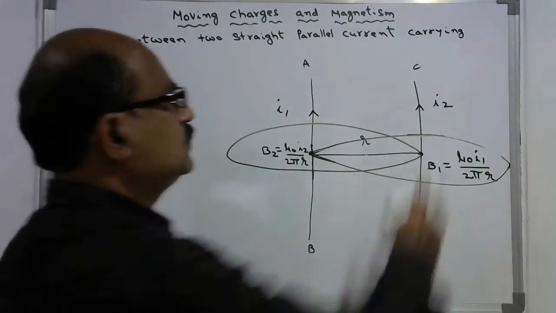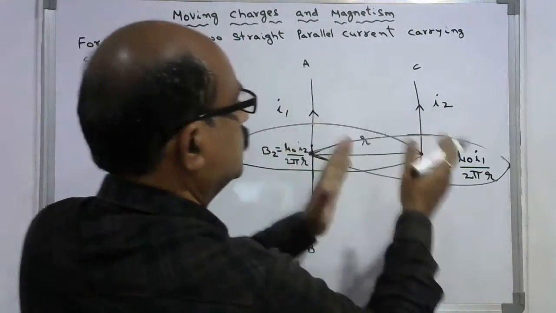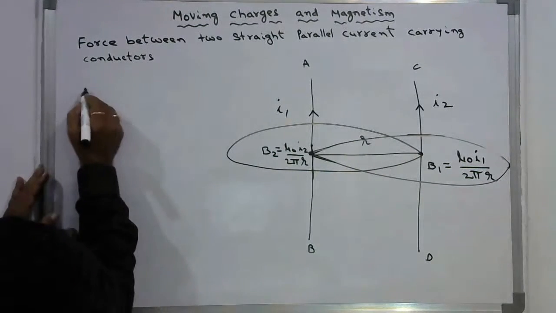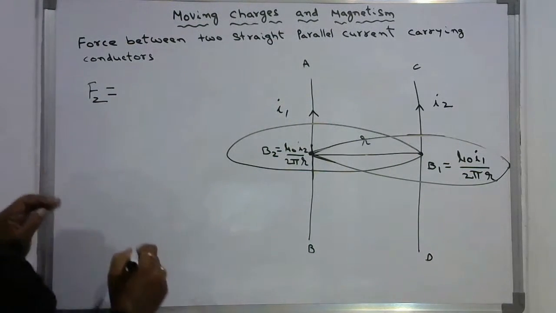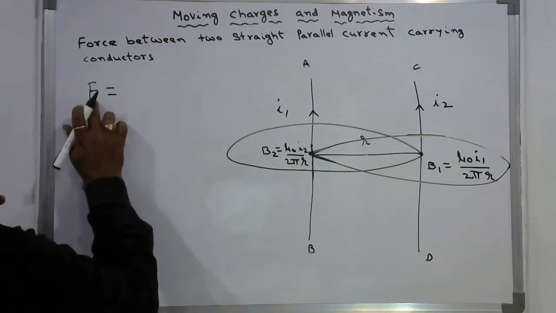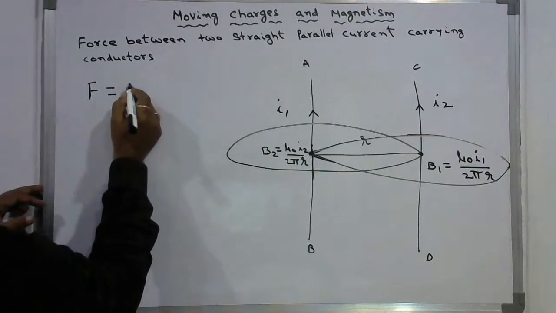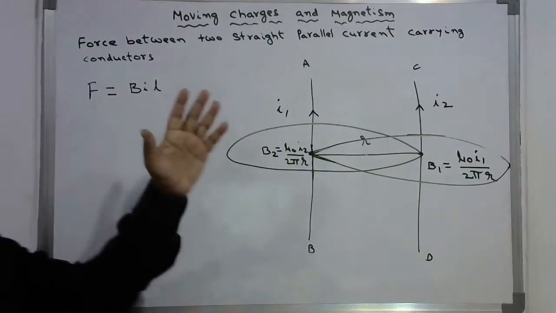So the force on this conductor due to the magnetic field produced by the other conductor, I write here F2 for the second conductor. In general, what is the formula for F? Force on a current carrying conductor is B I L, since sin theta, theta is 90.